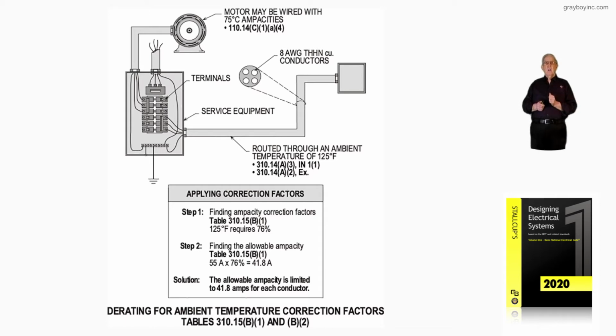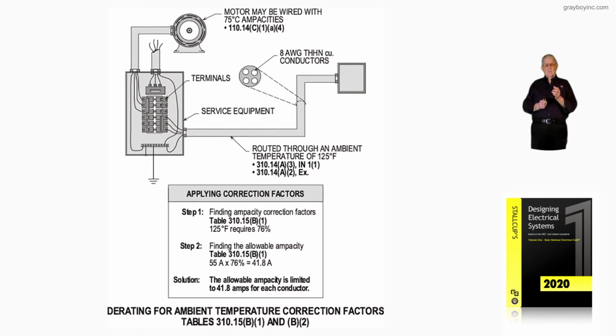Now, item number 2 is to the top right-hand side of the illustration. And we're taking a 14.4 amp connected load, increasing it by 125% to get an 18 amp connected load.